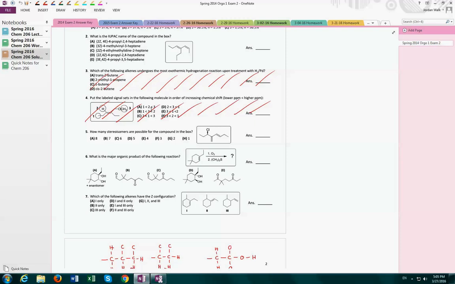This should be more stable, if anything, just because the methyl groups are further away in space and absolutely no interaction can occur between them. Whereas these might have a little bit of steric strain, because even though these look like they're pretty far apart, they both have hydrogens off of them which are rotating, and they might bang together every now and then.